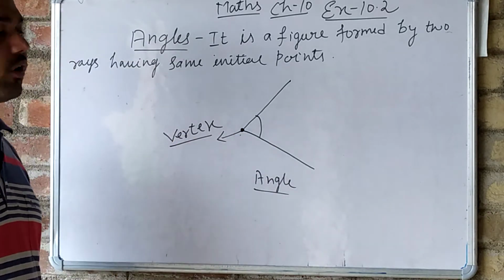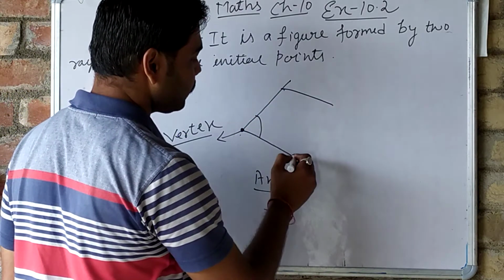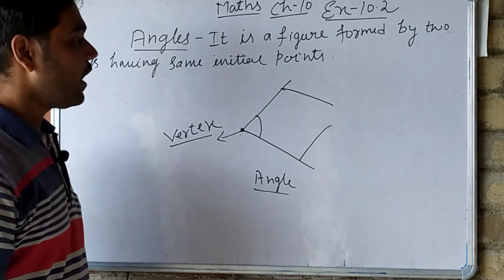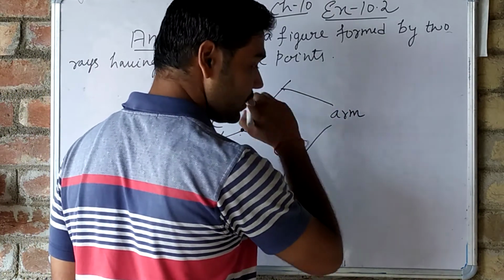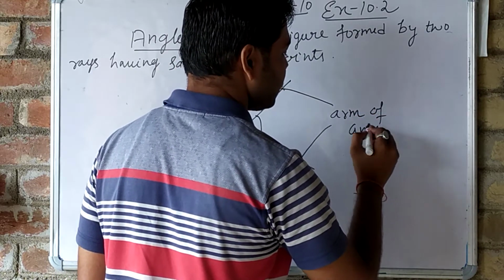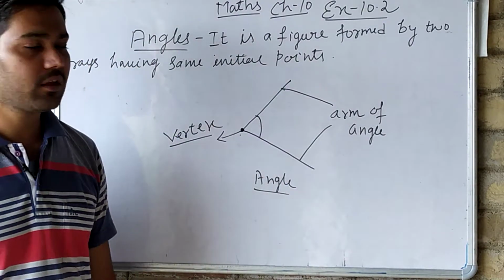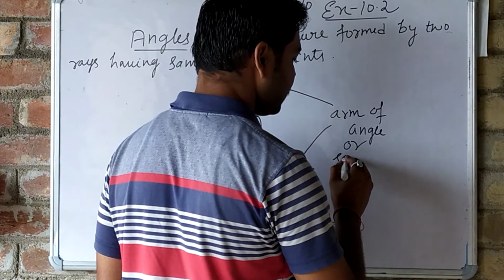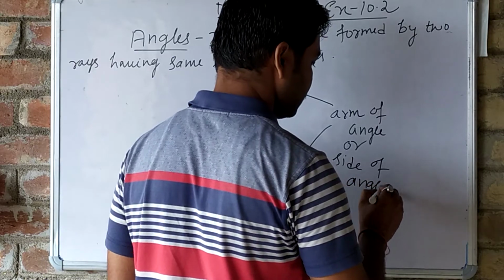The same initial point is called the vertex, and these two rays are known as the arms of the angle, also known as the sides of the angle.